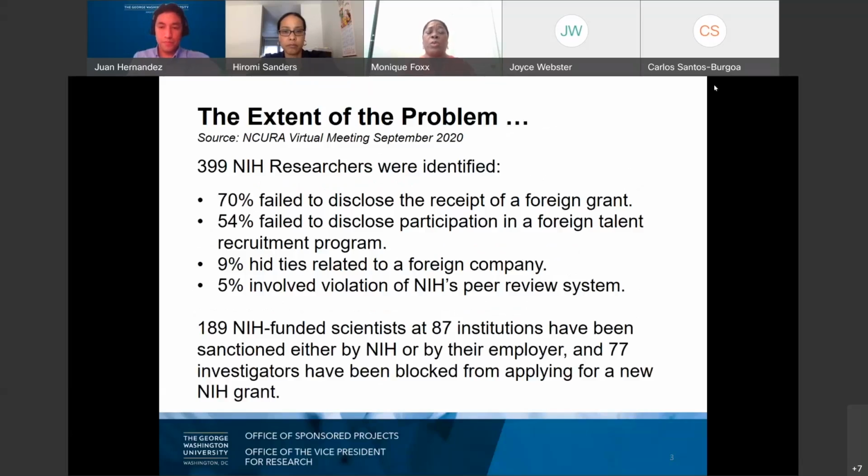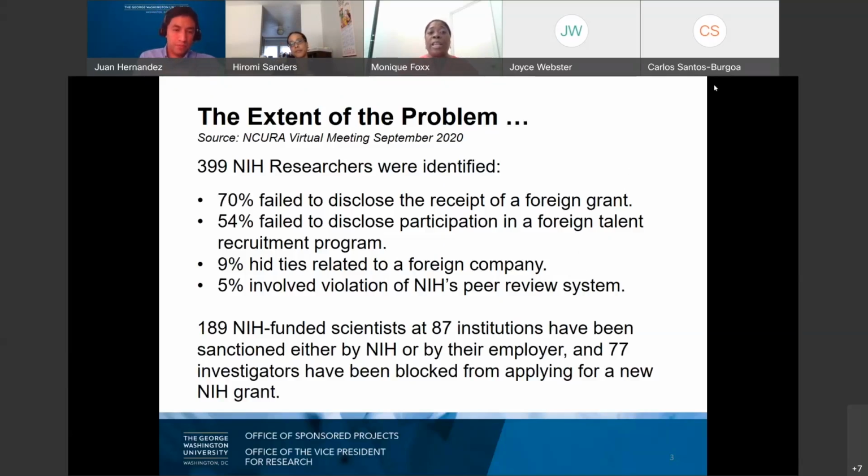So just to give you a snapshot of the problem, these are some findings that were reported by the NIH, and I'm sure these numbers have changed because, as you can see, this data was last reported in September 2020, and we're now into 21.